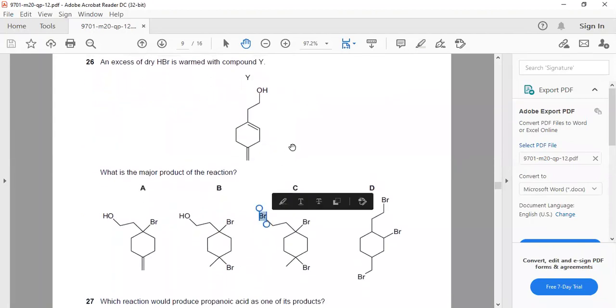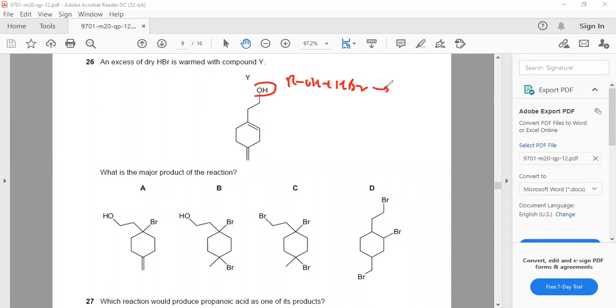You must know that alcohol, for question number 26, the reaction of excess of dry HBr is reacted with compound Y. Okay, alcohol also reacts with HBr. Yes, a substitution reaction takes place. Br substitutes OH. And alkene also reacts with HBr and an addition reaction takes place.